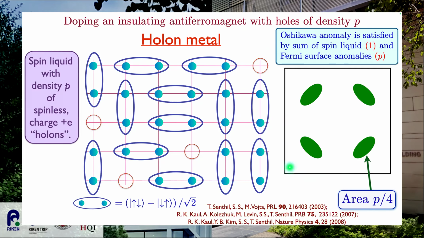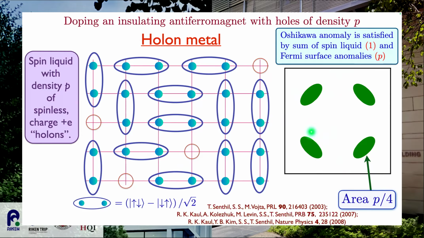And what we argued in these papers was that you can then satisfy the Yoshikawa anomaly by 2 different contributions. One from the spin liquid, which in this case is 1, and then the Fermi surface of these holons, whatever they may be, whose density is p. So from that, you then see that you can get pockets whose total area must be p.